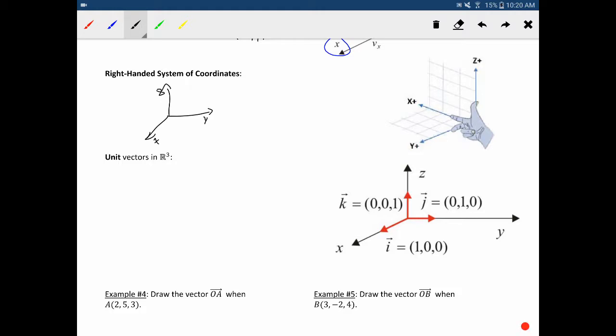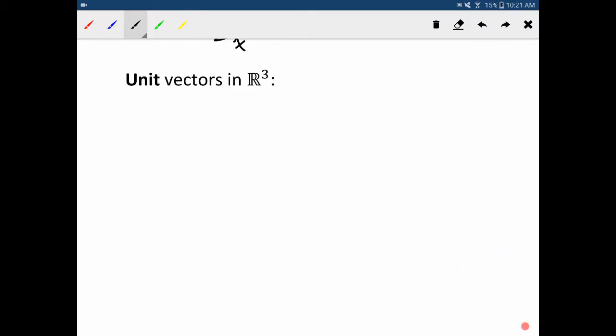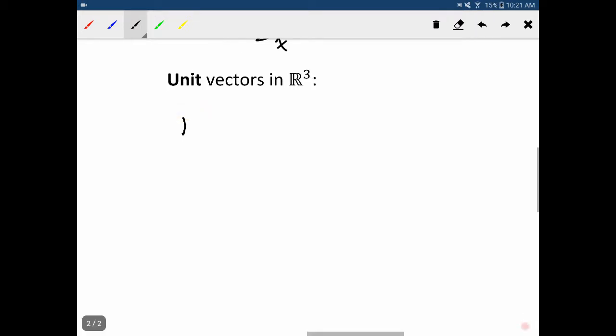But there are unit vectors in R3, of course, just like there are in R2. Not surprisingly, the first two are i and j, but then we also have k. i is just along the x-axis, so it's (1, 0, 0).